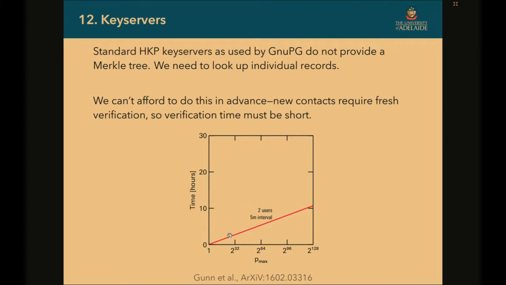But what you can see is that with this kind of parameters, it's not implausible to get quite a high level of confidence that you're not being deceived, or at least a high level of confidence that you would catch the key server if it were trying to give different results. So on the order of a few hours to get to really very small probabilities.